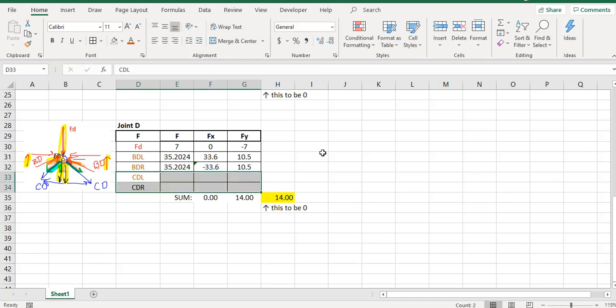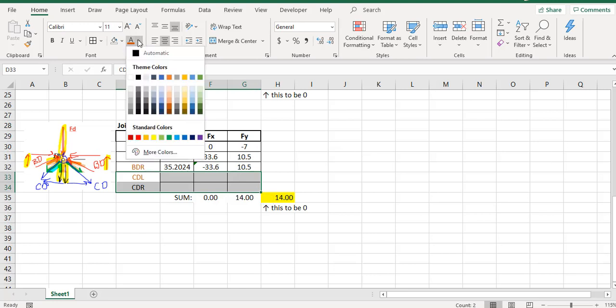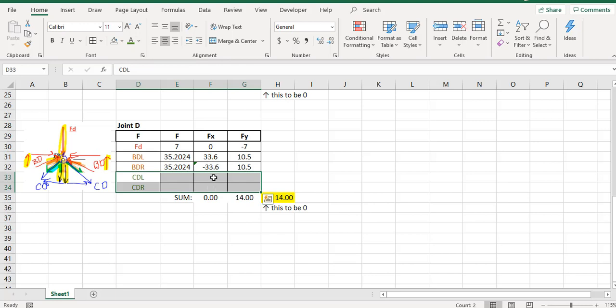Okay, so this is what we have in tension. And again, the x forces are going to cancel out. The y forces are going to need to help this guy out.